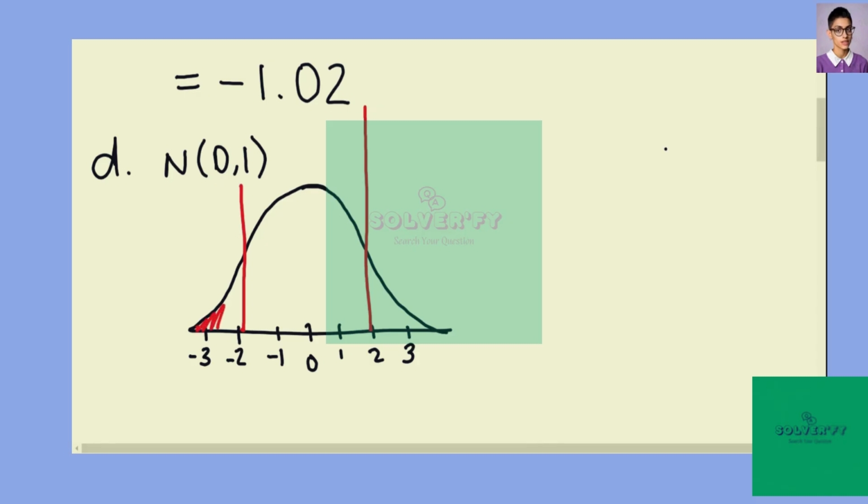And then we will color this in to show our critical bounds. Next we'll write in our test value. I'll put that as blue, and that's -1.02.